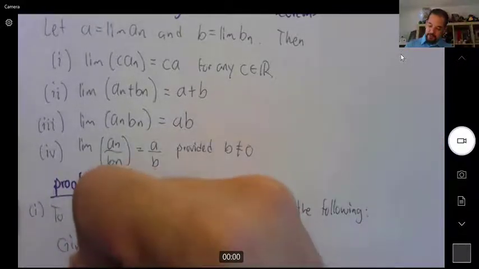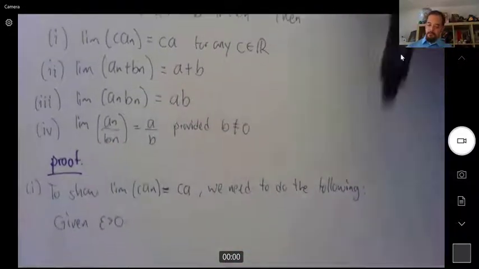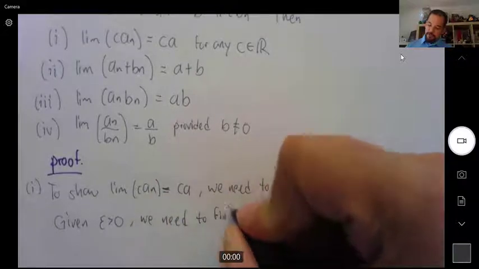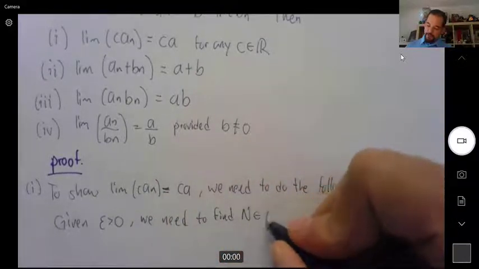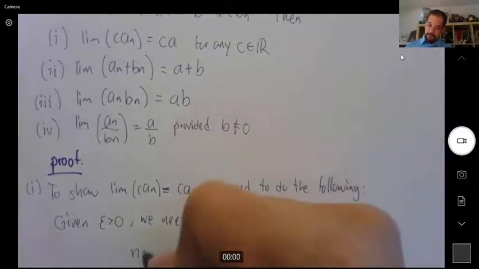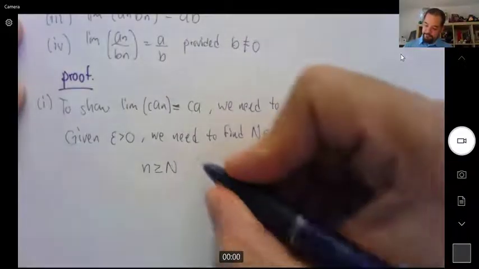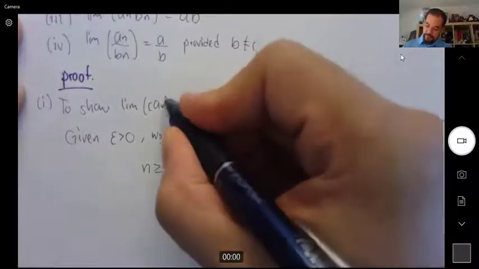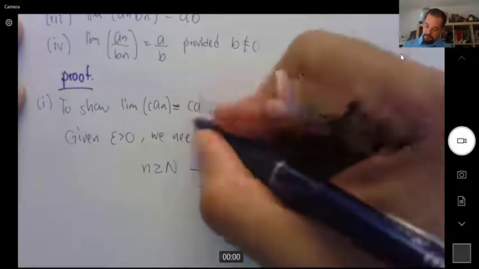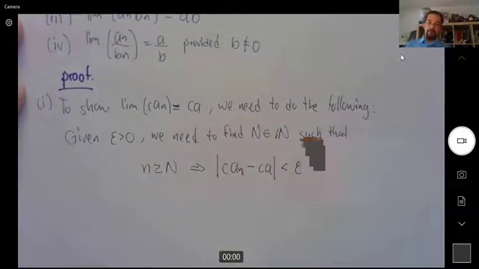Given some epsilon greater than 0 that someone tells us, we need to find capital N, some natural number, such that if little n is bigger than capital N, then the element in our sequence is close to the limit at a distance of epsilon.